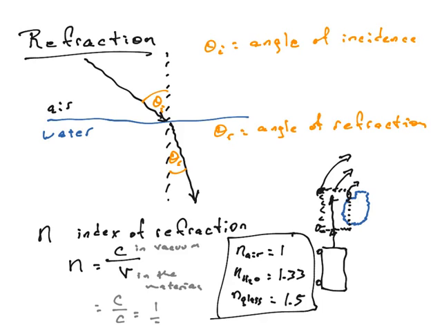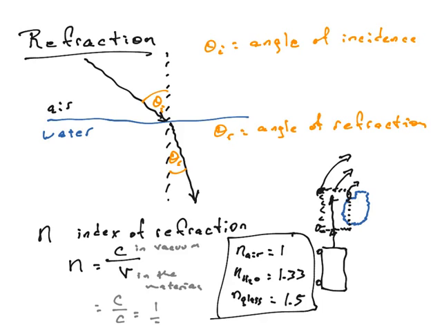There's different forms of glass. And so this is just an average. On average, glass has an index of refraction of 1.5. We're using some slightly simplified numbers. But we can see the index of refraction of glass, 1.5, is bigger than air and bigger than water. So that means the speed of light in glass must be smaller than the speed of light in water and smaller than the speed of light in air. It slows down more in the glass, so the index of refraction gets bigger.